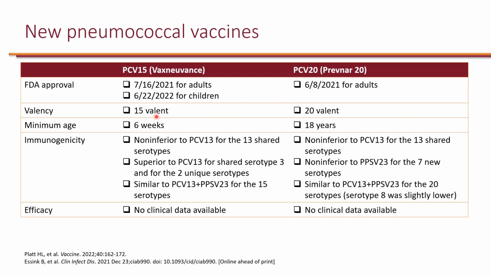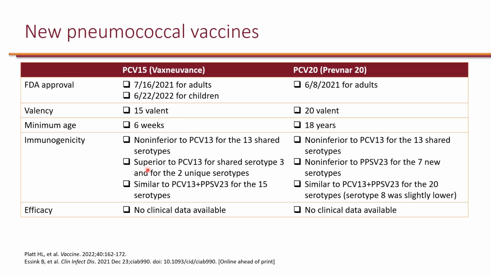So PCV15 has 15 serotypes, and they have shown non-inferiority when it comes to immunogenicity to PCV13. All of the 13 serotypes in PCV13 are included in PCV15, and it has 2 additional serotypes.